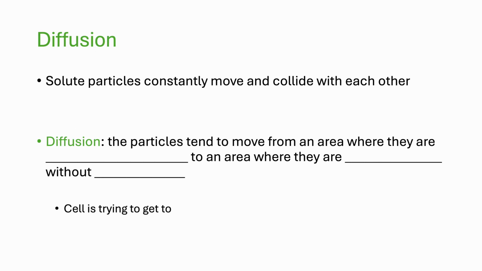So the first type of passive transport we have is diffusion. In diffusion, we are moving solute or molecules. These solute particles are constantly moving and colliding with each other. The particles tend to move from an area where they are more concentrated, aka high concentration, to an area where they are less concentrated.